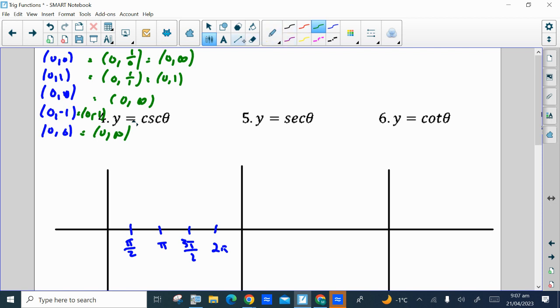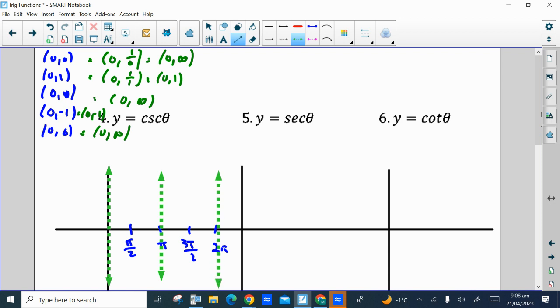So again, we're going to have a vertical asymptote here at x is 0, x is pi, and x is 2 pi. That's where all these points are, where the reciprocal ratio is undefined.